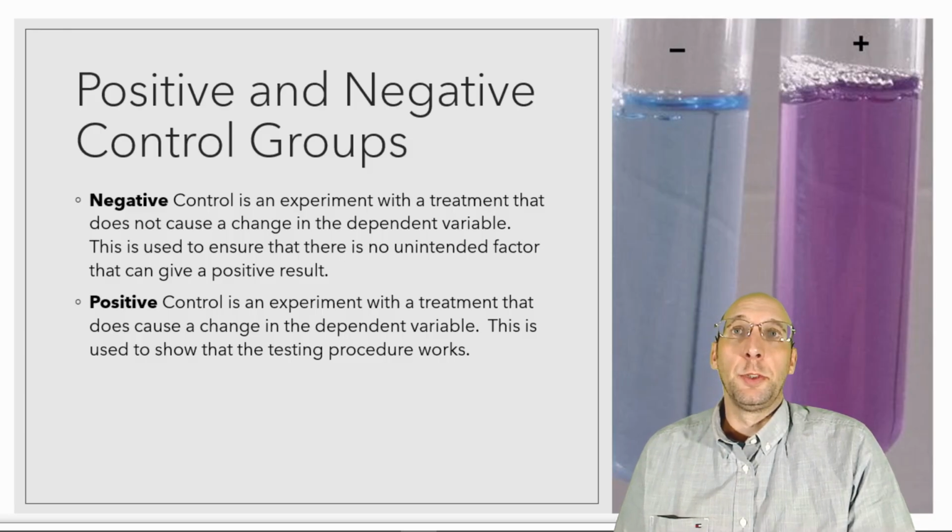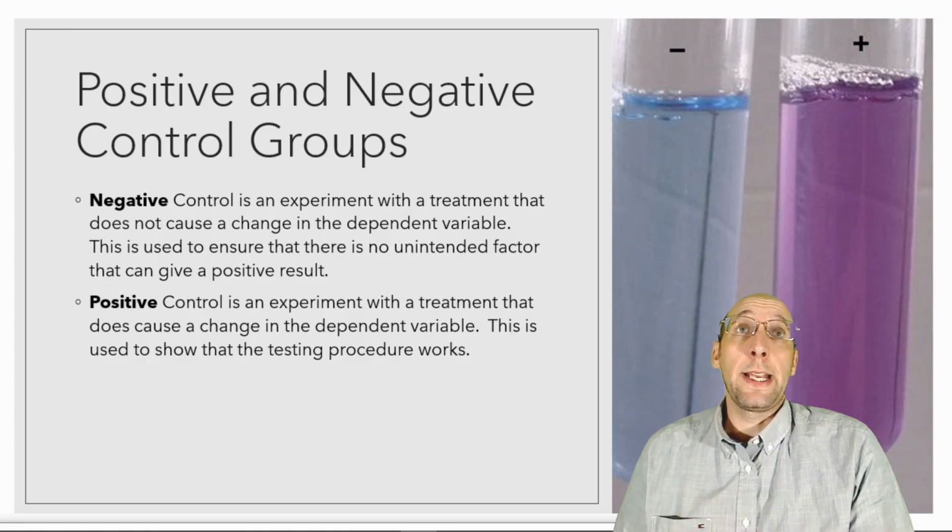A positive control group is where a treatment should cause a change in the dependent variable. And this is used to show that the testing procedure does work. So for instance, if you had experimental results that showed everything was negative, well, is that because the experiment was flawed, or is that because they actually didn't show a positive result?